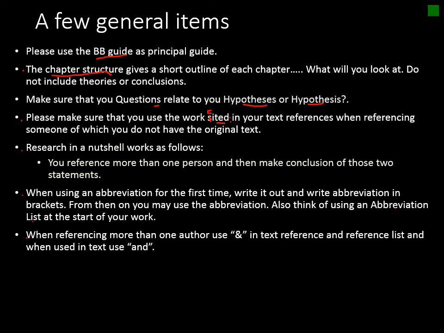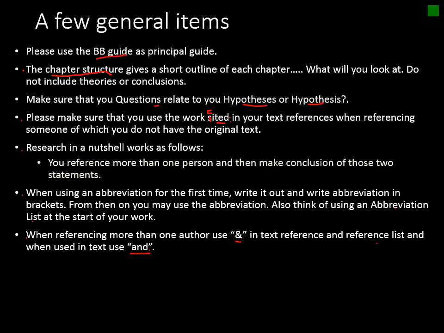And then lastly, when referencing more than one author, please use "and" in the text reference and reference list. Okay, and if you're not using brackets and it's in your text, so for instance, if you're saying in your text that Sigli and Sigal said that this is the case, then you would use the word "and".